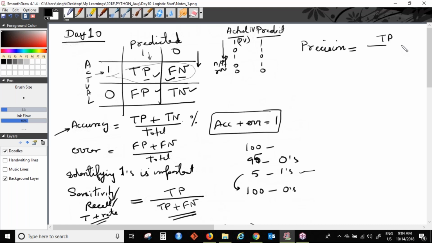Yes, true positive divided by the column total this time. For both the previous two formulas we used the row total; this time it will be the column total, the column in which true positive is present. So true positive plus false positive. So what does it measure? Anybody from yesterday's class, do you remember why we need precision?